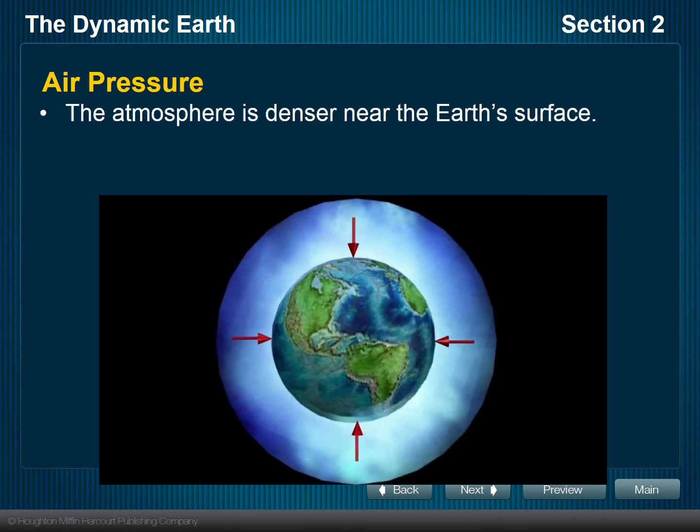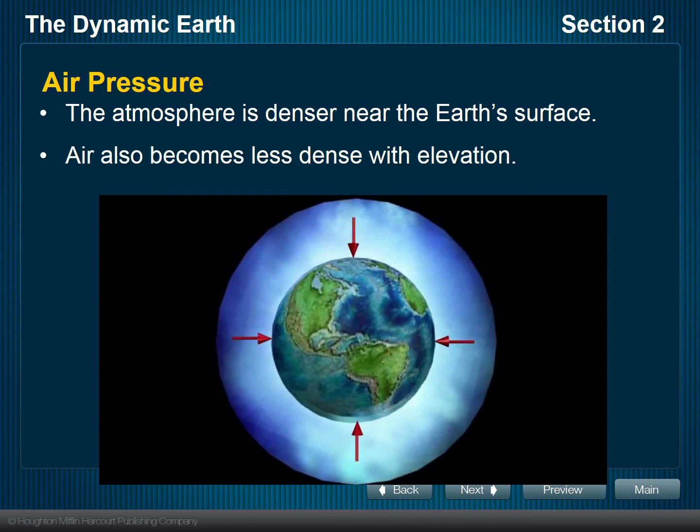The Earth's atmosphere is pulled towards Earth's surface by gravity, and as a result, the atmosphere is denser near the Earth's surface. Almost the entire mass of the Earth's atmospheric gases are located within 30 kilometers of the surface. Air also becomes less dense with elevation, so breathing at a higher elevation is more difficult.